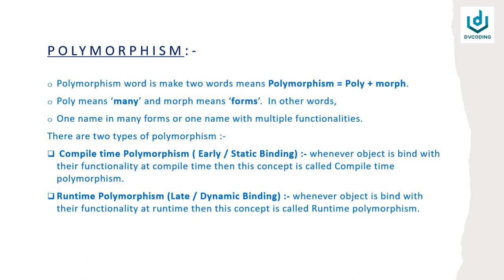Compile time polymorphism: whenever an object is bound with its functionality at compile time, this concept is called compile time polymorphism. And whenever an object is bound at runtime, this concept is called runtime polymorphism. Let us take an example. Suppose you have 4 years experience in ASP.NET C#.